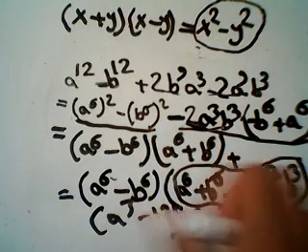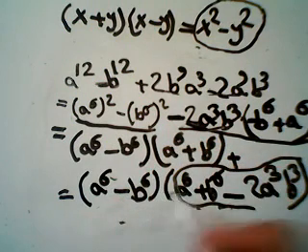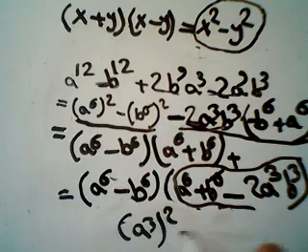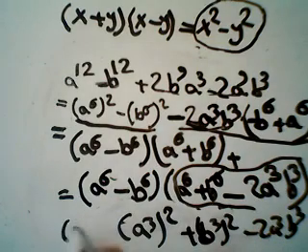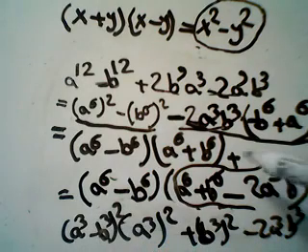So, how it is a cubed squared plus b cubed squared minus 2a squared b squared, which is a cubed minus b cubed squared. Anyway.